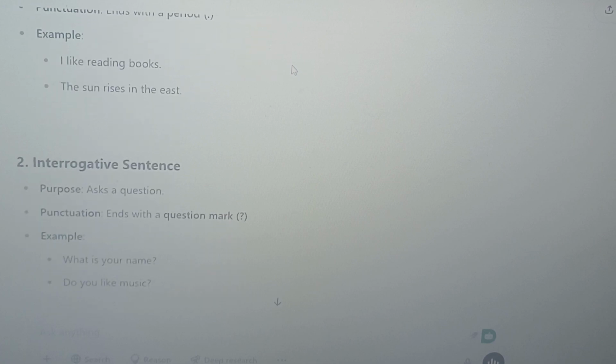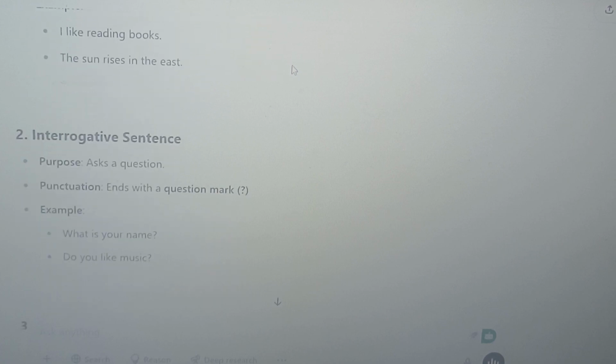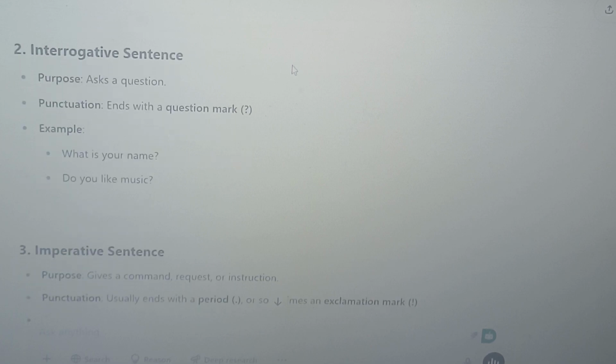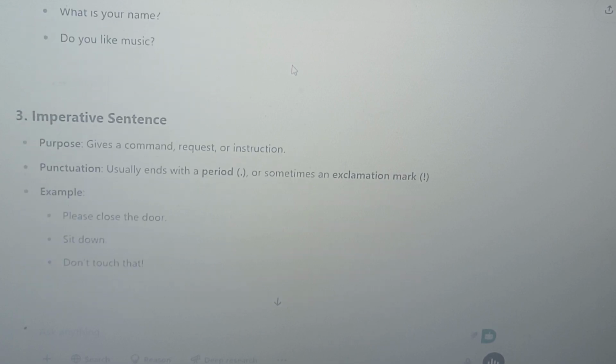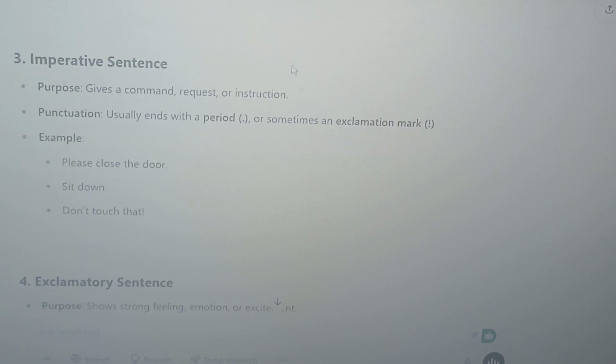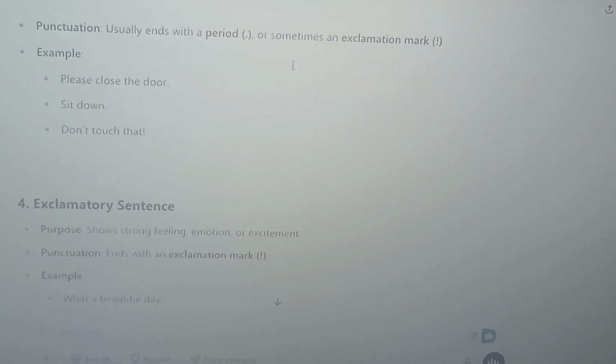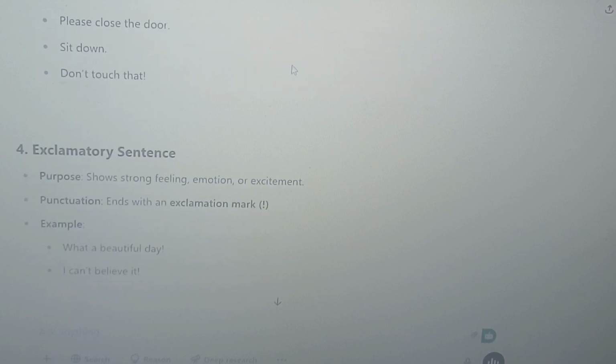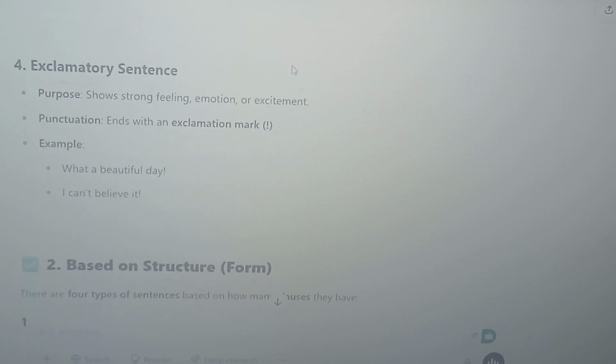Interrogative sentence: asking a question, ends with a question mark. What is your name? Do you like music? Third is imperative sentences. Purpose: it gives a command, a request, or instruction. Usually ends with a period, full stop, or sometimes an exclamation mark. Please close the door. Sit down. Exclamatory sentences: shows strong feelings, emotions, or excitement, ends with an exclamation mark. What a beautiful day! I can't believe it!